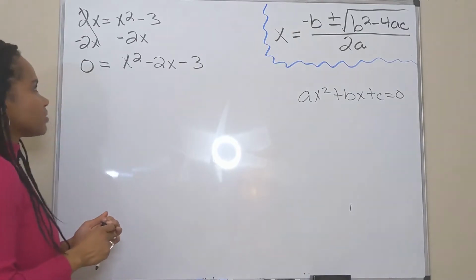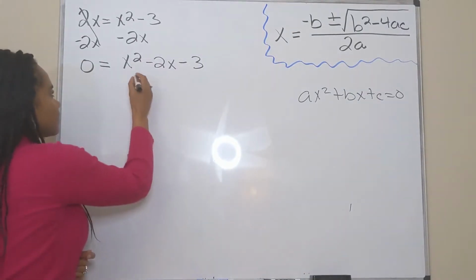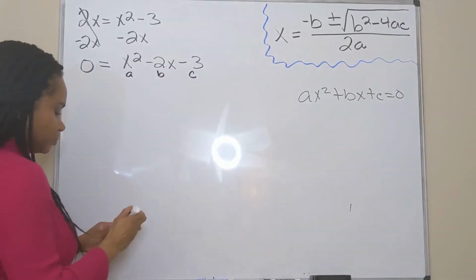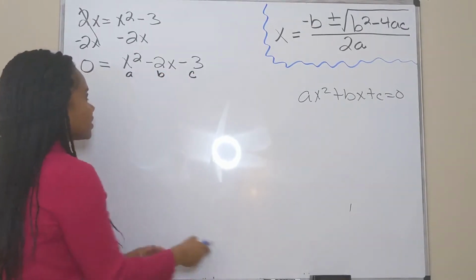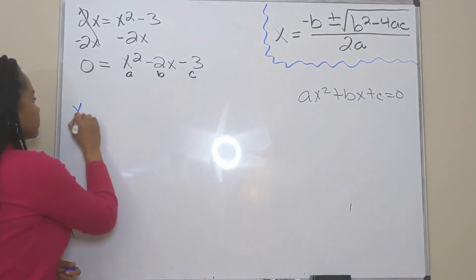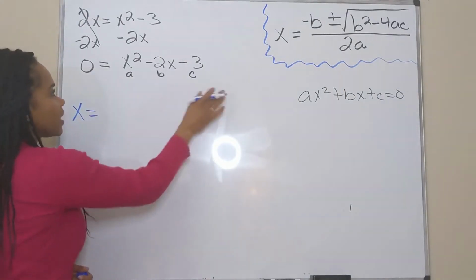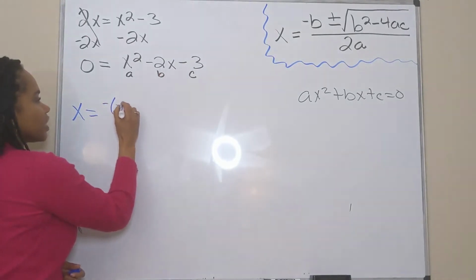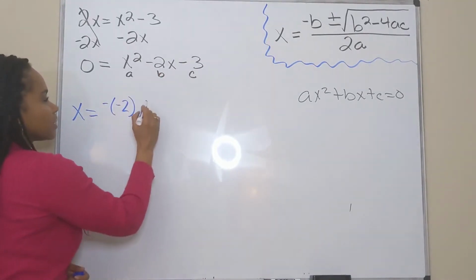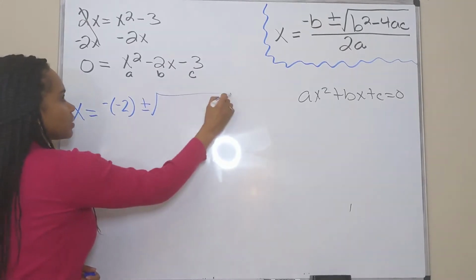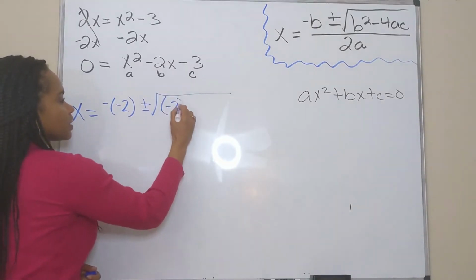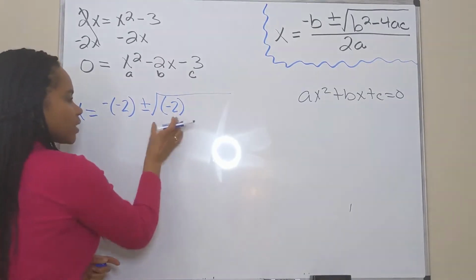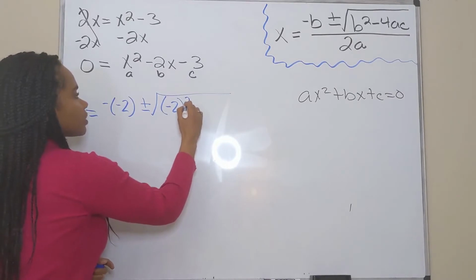All right. So now I could label it A, B, and C. So let's work it out. Negative B. So you got a negative times a negative, right? Plus or minus B squared. So I'm going to put my 2 in parentheses, or that negative 2, because I want to make sure I incorporate that negative.